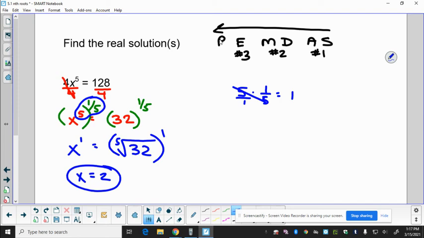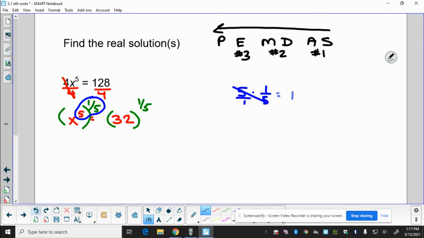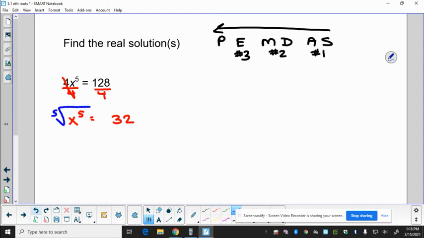I could have done the same problem by just doing a root. So let me back this up and show you what I mean. So if you get to this point, here's another option. If this is the 5th power, take a 5th root. Why does this work over here? Why does that work?